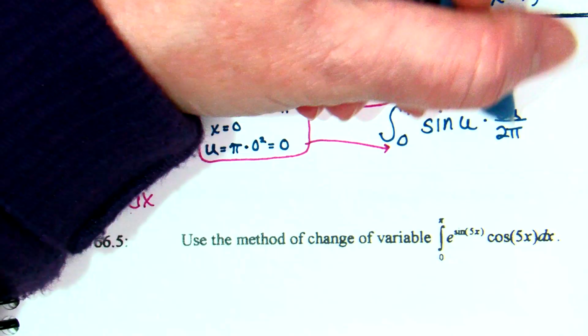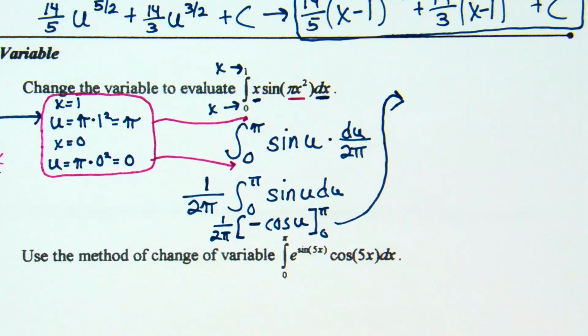Okay, so the integral of sine is negative cosine. So this is going to be negative cosine of u evaluated between 0 and pi. And don't forget it's 1 over 2 pi out front. So 1 over 2 pi stays 1 over 2 pi.